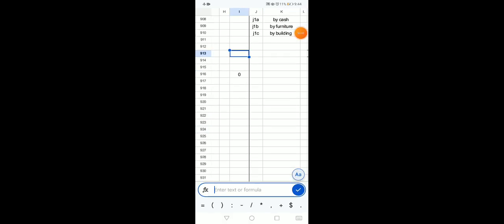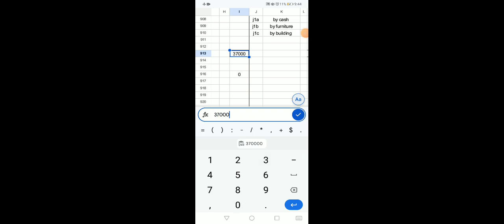So here you will write 370,000 and you are going to put the same total on the opposite side as well, the debit side. So here you would also be putting 3,70,000.